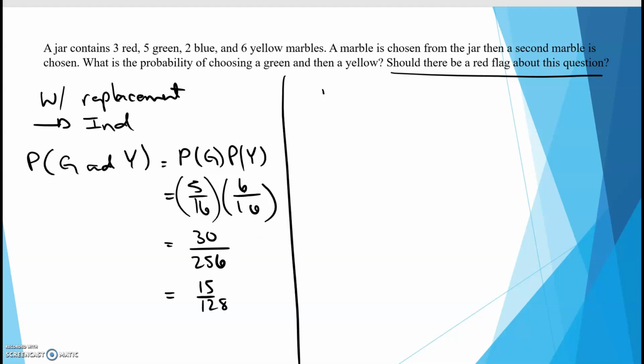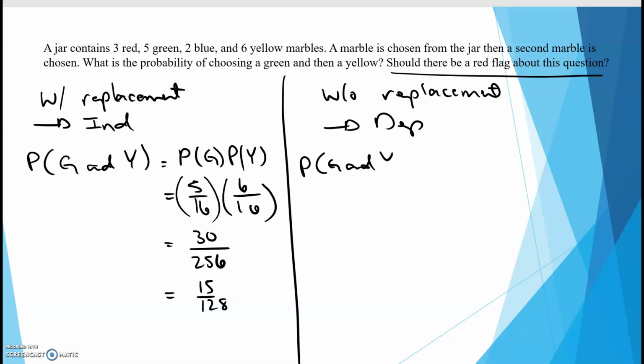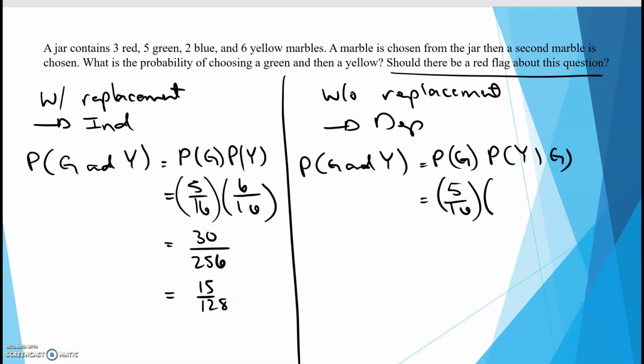Okay, if we compare that without replacement, so that is dependent. So now the probability of green and then yellow will be the probability of green times the probability of yellow, given that we've already taken a green out. So probability of green will be 5 over 16.